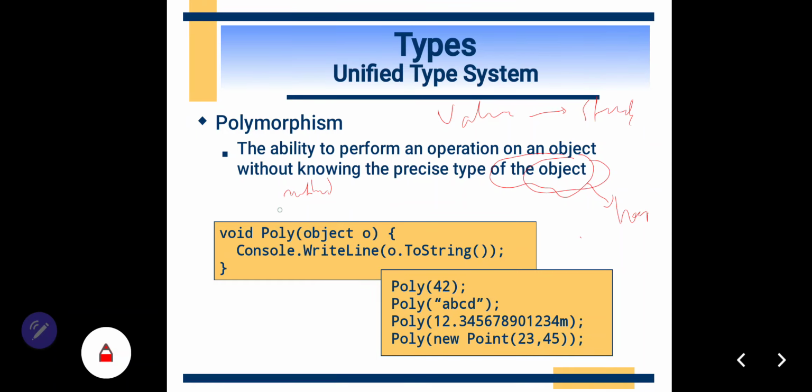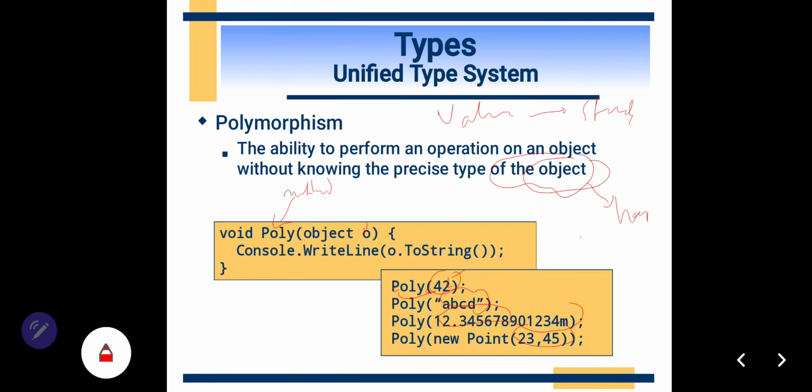If you see on this form, you can use this poly as polymorphism and then object O. If you see on this result, polymorphism doesn't say a specific value, not knowing a specific value.